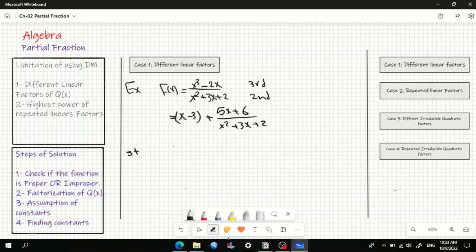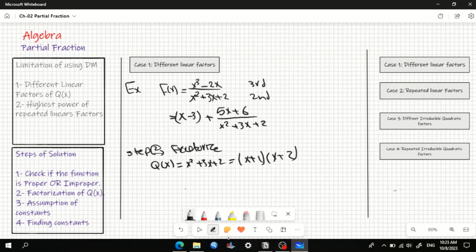Now step 2, we deal with this fraction. Factorize Q of x. Q of x equal to x squared plus 3x plus 2 will be equal to x plus 1 times x plus 2.